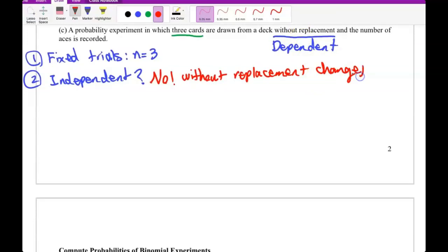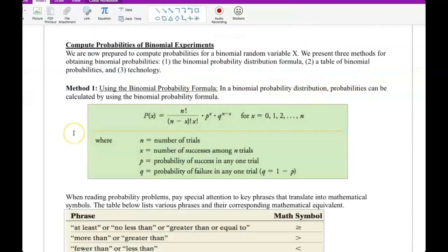Without replacement changes the probability of success. So that means this is not binomial.